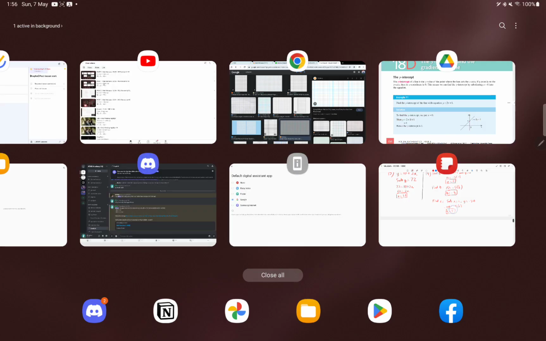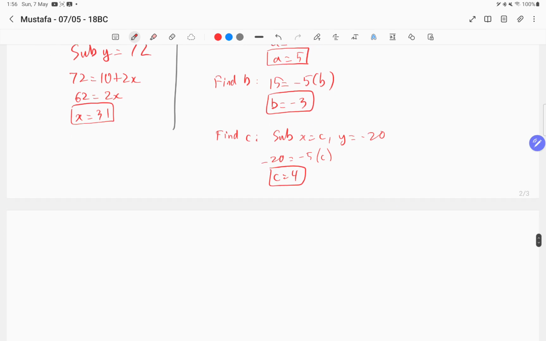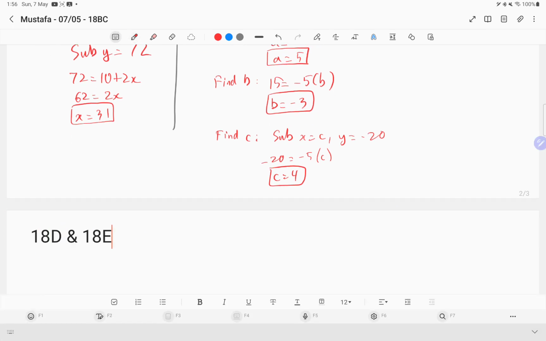Maybe I'll jump ahead. I'll teach you the main concept even for the next chapter as well. So I'll group 18D and 18E together.